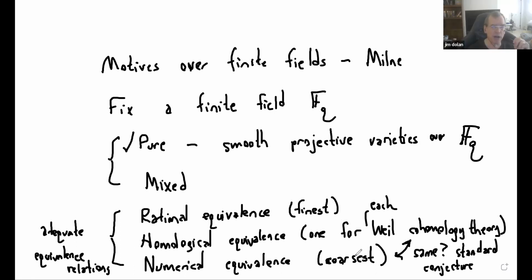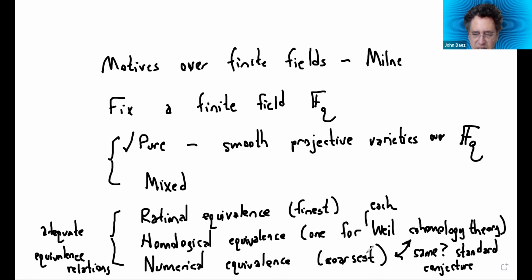Say that again, if you use rational equivalence? Yeah, you get a category of motives that's either not semi-simple or not Tannakian. Or something, okay. Yeah. So no one came right out and told me that rational equivalence was known to be different from numerical equivalence, but that would follow from that.